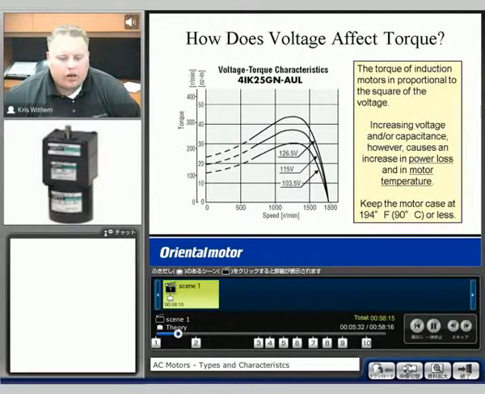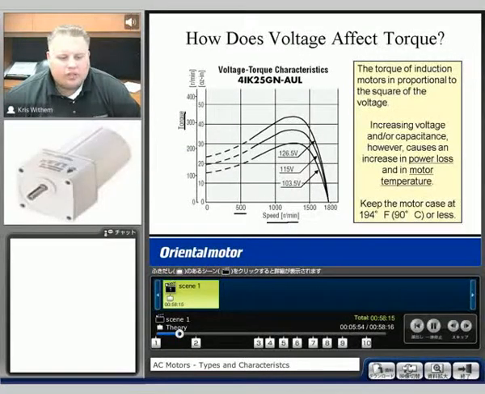So if we look here at speed in RPM on our x-axis, and we have our torque up here on our y-axis, starting at 0, we move to 500 RPM. Our torque increases at, let's see, 103 volts. It sits right above about 100, around 15 ounce-inches.